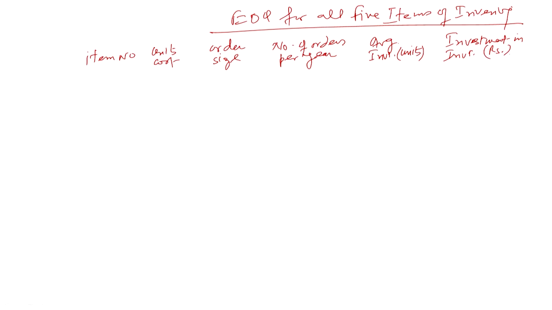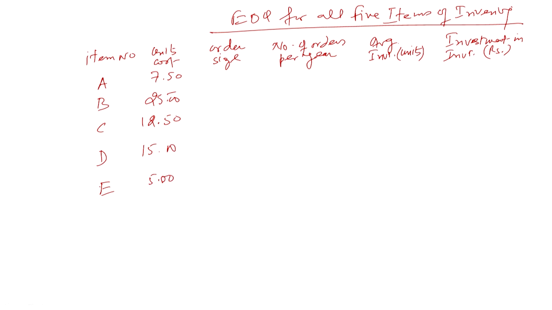So let us take all the items here, A, then it is B, it is C, it is D, it is E. Cost per unit is given to us 7 rupees 50 paisa, 25 rupees, then it is 12.5, then it is 15, and it is 5, right.